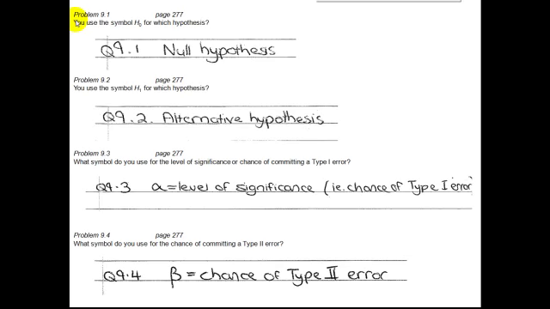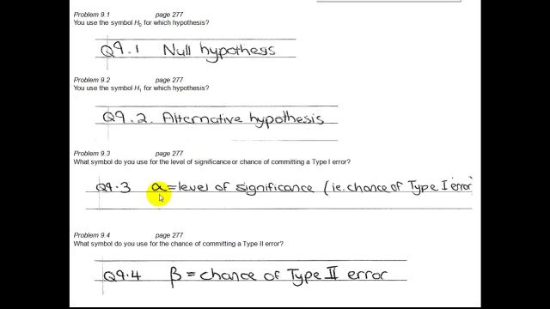Problem 9.3, what symbol do you use for the level of significance or chance of committing a type 1 error? Now, the level of significance is represented by alpha. So alpha is the symbol. And of course, when we think of it as a level of significance, alpha is representing the size of the reject region or regions.